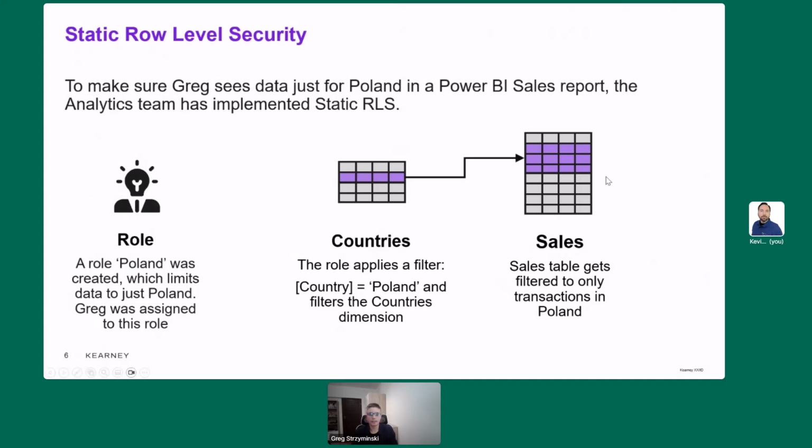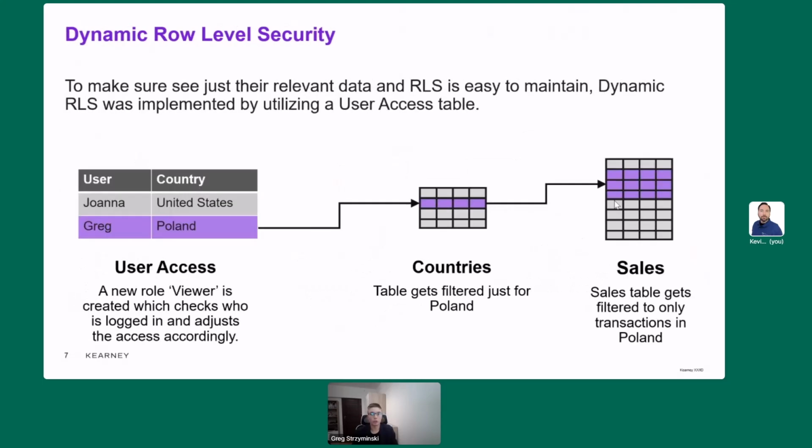But this gets tedious and very time-consuming to manage once we get more roles, because you can notice that I wasn't the only actor in the story. There was me, Greg, who has access to Poland. There was also Joanna, and there can be even more. Having 100 roles for 100 countries, and then a number of combinations.